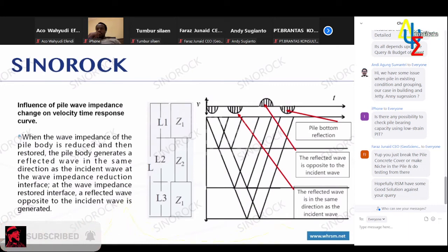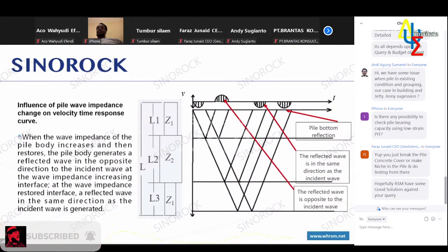From the time domain curve and stress wave propagation path diagram on the right, we can see that the incident wave is in the front, and there is a wave in the same direction as the incident wave at the interface with reduced wave impedance in the middle. After this same directional wave is a reverse wave, which is the process of wave impedance restoration. The reflection of the pile bottom is simulated based on the state that the pile bottom is free, or the wave impedance is very small.